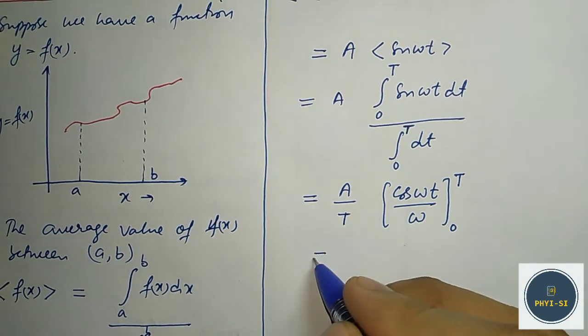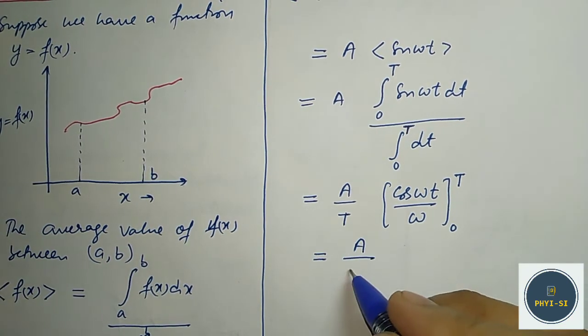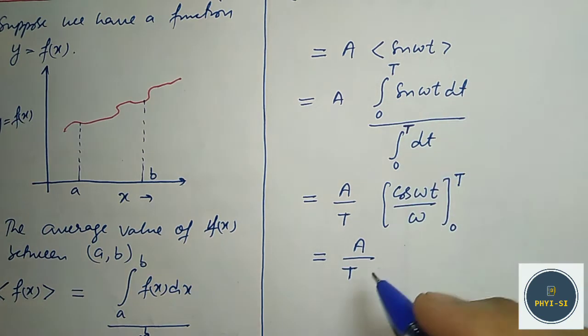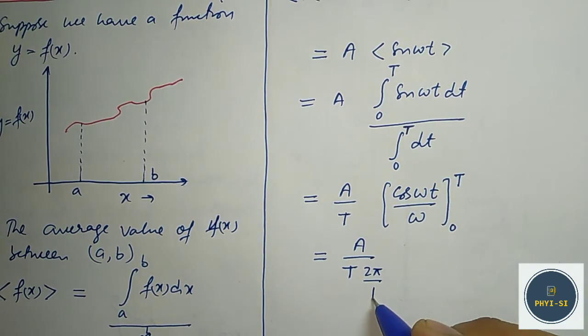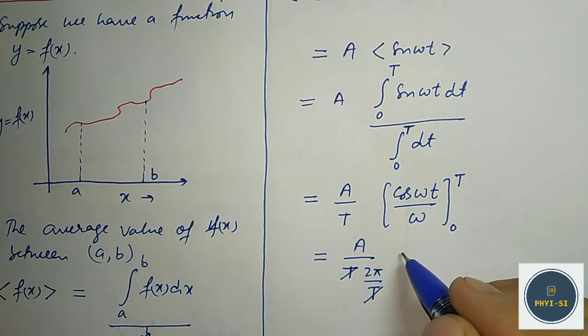So it can be written as a upon T, and omega can be written as 2 pi by T, and this T and T can be cut.